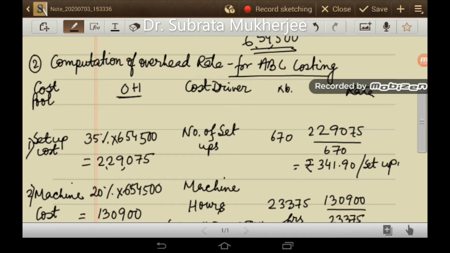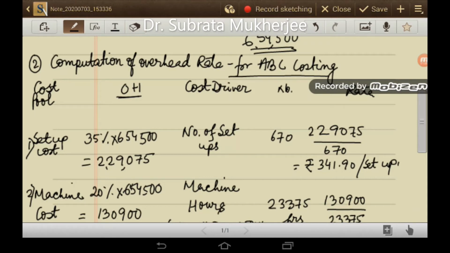The second working is the computation of the overhead rate for ABC costing. Now the first cost pool is the setup cost. So what is the overhead for setup? 35%, which is given in the question, of the total overhead 6,54,500 is 2,29,075, and the cost driver is the number of setups. The number of setups is 670, which is given in the question.